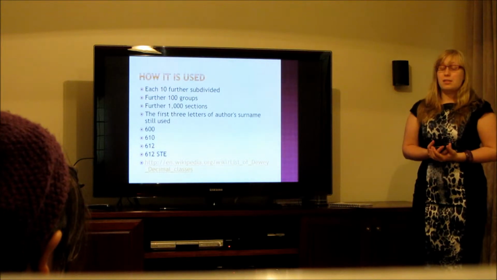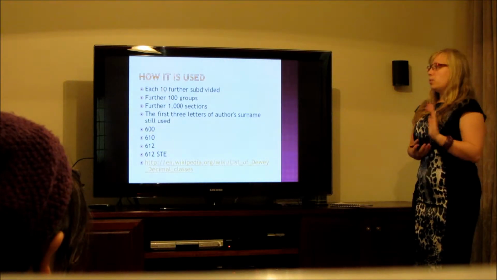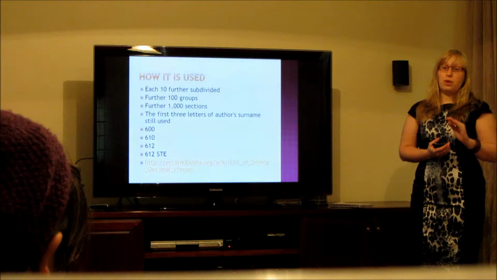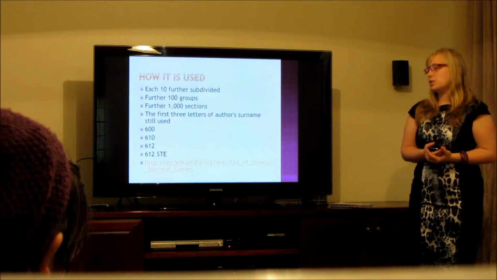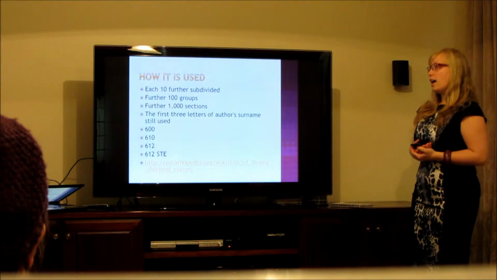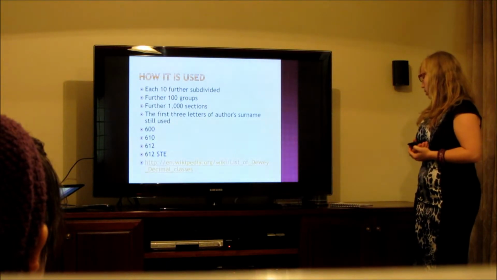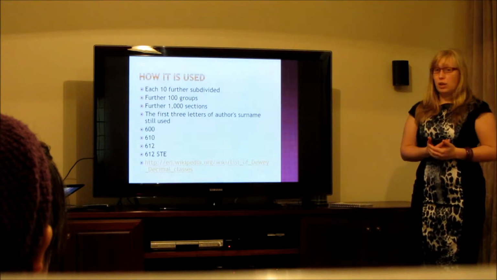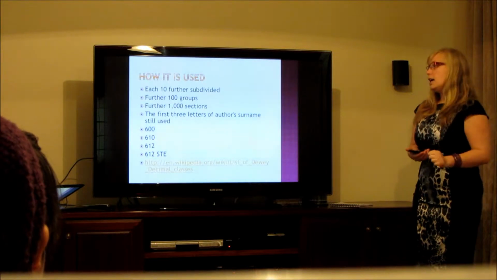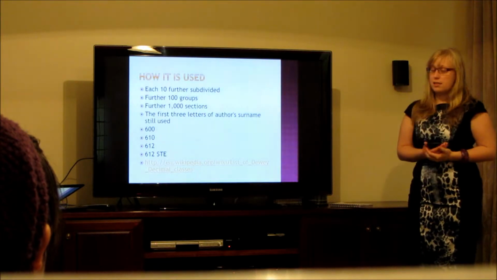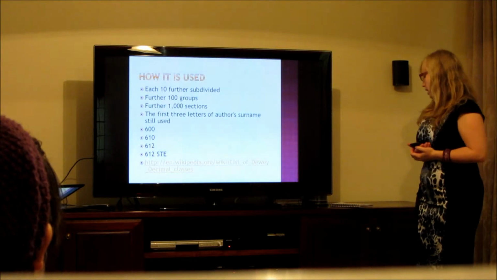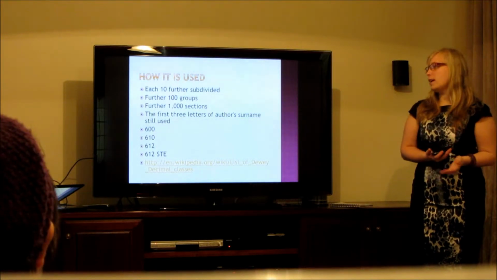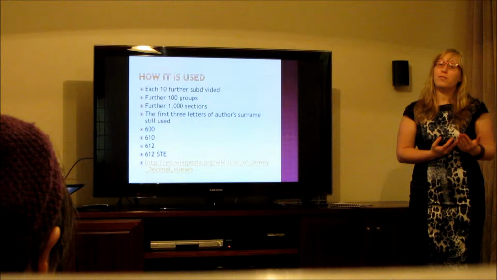We still use the first 3 letters of the author's surname, so if ever you needed to find the specific version of a book, we always still use the first 3 letters of the surname. So for example, if I was to classify a specific book, in this case a medical science book, I would say it goes into technology, where medical science is, so that's 600, and then further subcategorized into section 610, which is where medicine is classified. 612 is your medical sciences, human physiology.